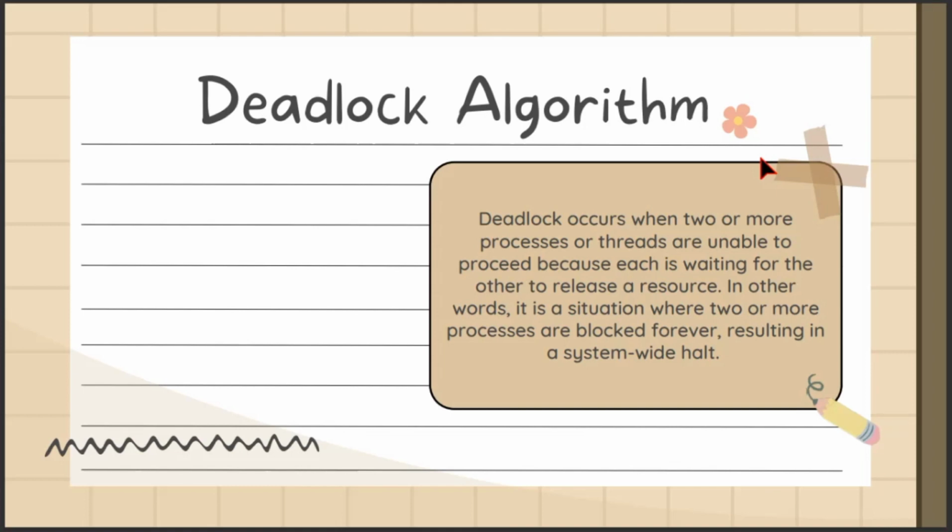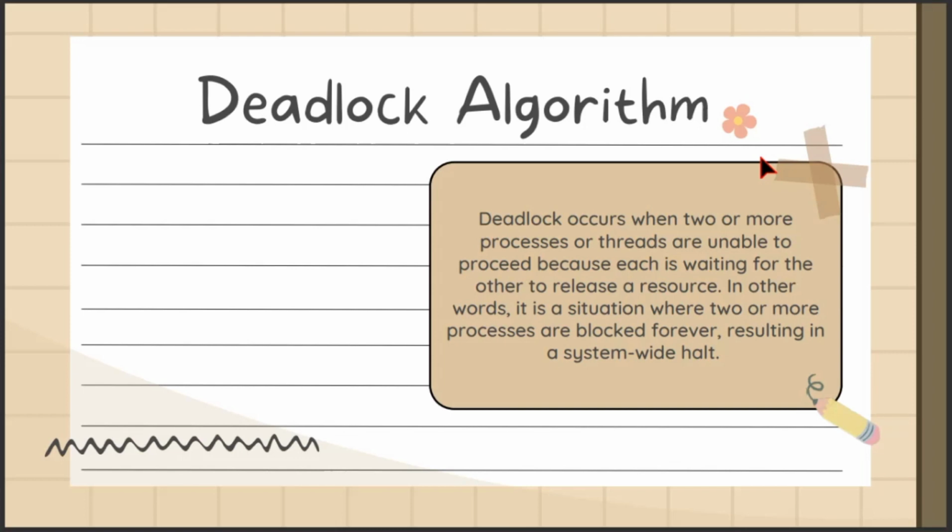So, in our scenario, we have two processes, A and B, and two resources, 1 and 2. Each process needs to acquire both resources. Process A acquires resource 1, and process B acquires resource 2.